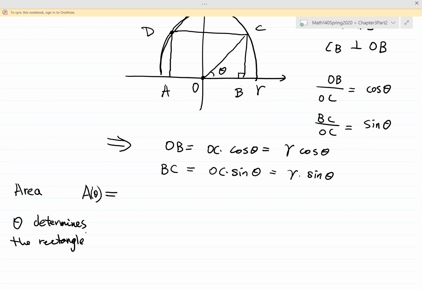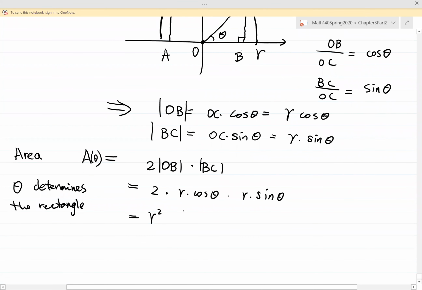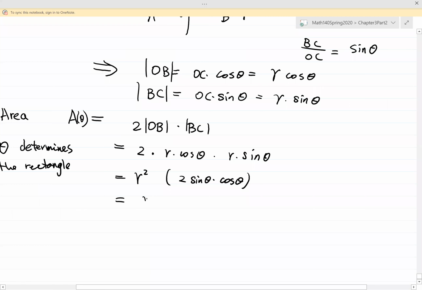So A of theta is AB, which is twice OB, times BC. Then you write down OB is r times cosine theta, BC is r times sine theta. So what you get is r squared times 2 sine theta times cosine theta. Then apply the trig identity, and you get r squared times sine 2 theta.